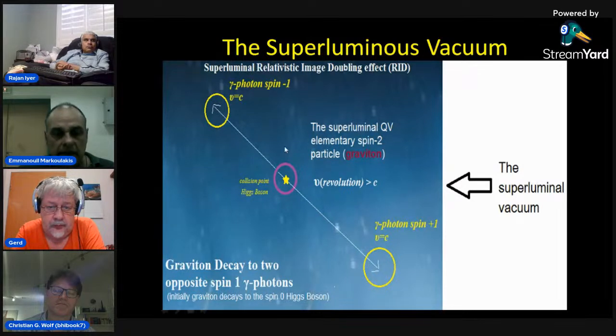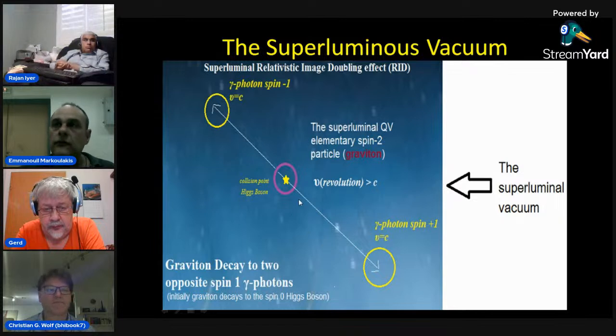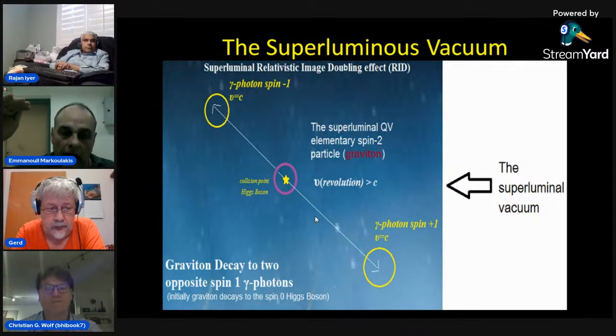But what then happened? The graviton got decelerated by the impact of the two matter beams, momentarily decelerated to luminal speed, and immediately it took off from its superluminal spacetime and came to our spacetime.